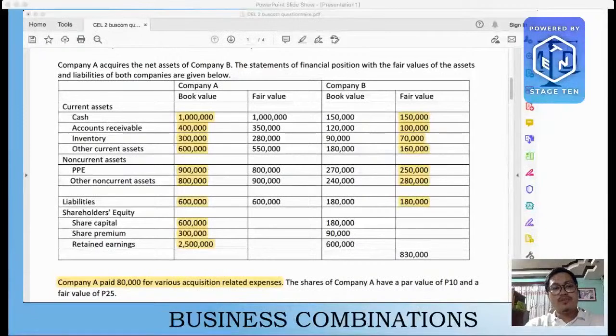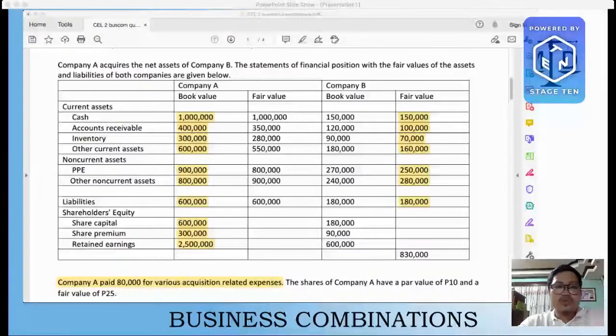So, as I've told you before, aside from adding the cash of the acquirer and the cash of the acquiree, please do not forget to check the consideration. If the consideration is paid in cash, then definitely that would affect the amount of cash that would be reported by the surviving entity.